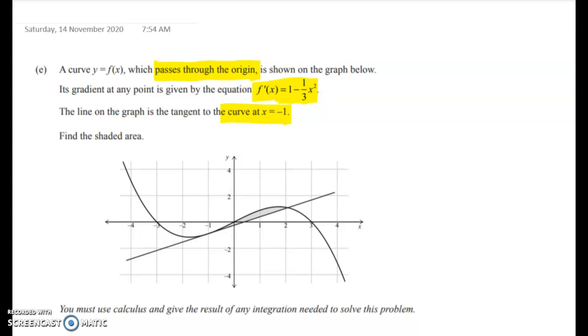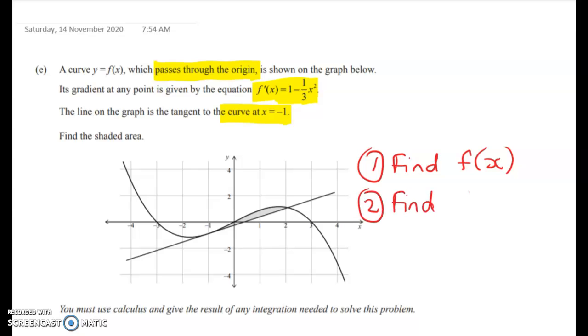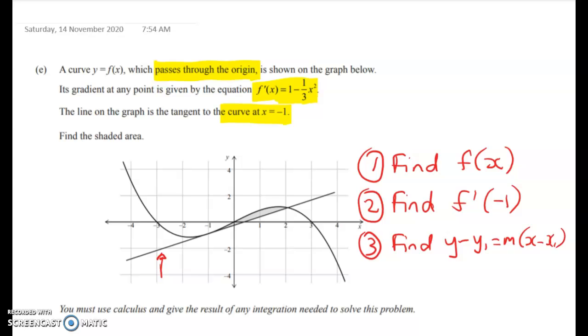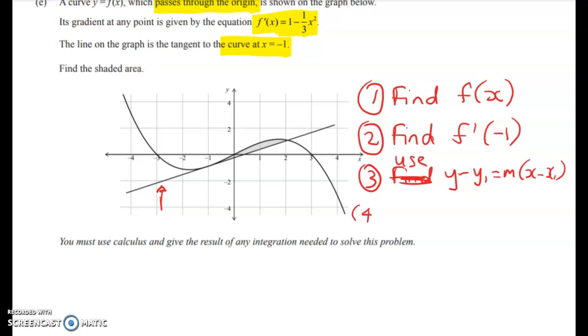So the steps in this question go like this, not necessarily in this order, but we might as well find f of x straight away, and then we're going to find f dash at -1, because we need to get the equation of this line, and then we're going to find the equation of the tangent. We'll do that using this. So that should really say use. And then lastly, the very last bit is the integration part.